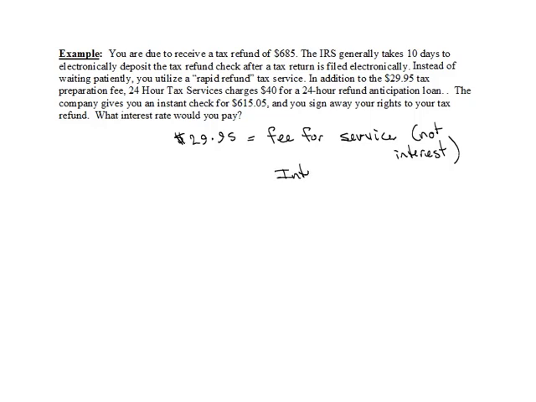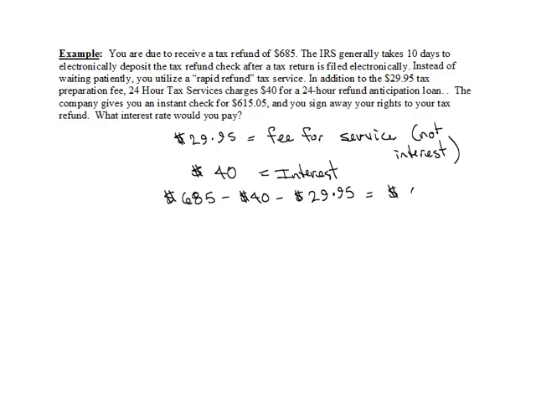So in that case, what would be the interest? The interest would be that $40. That's the cost of actually borrowing the money. And the way that the $615.05 is paid is by starting with the $685, subtracting the $40 in interest, and also subtracting the tax preparation fee.